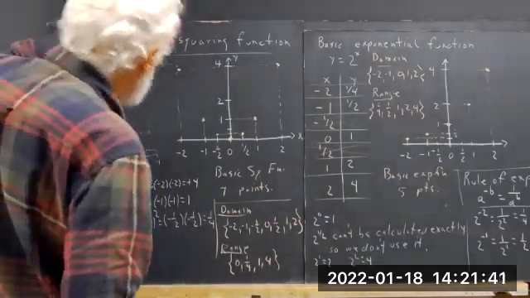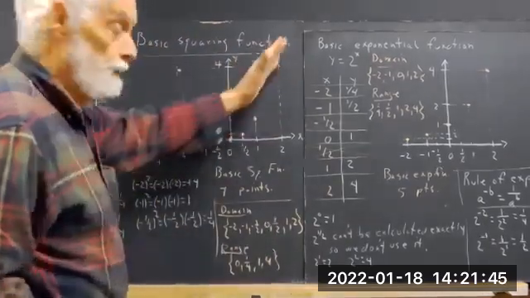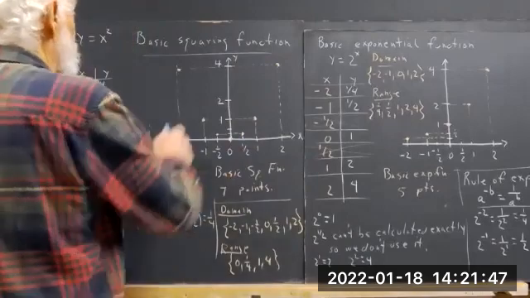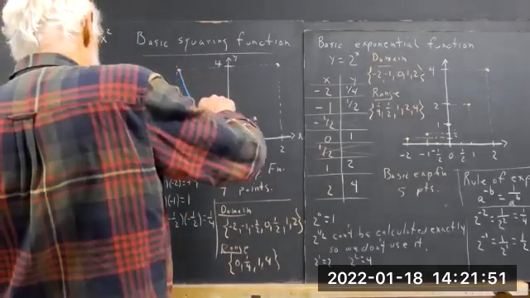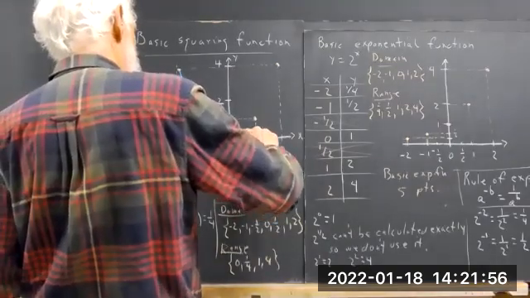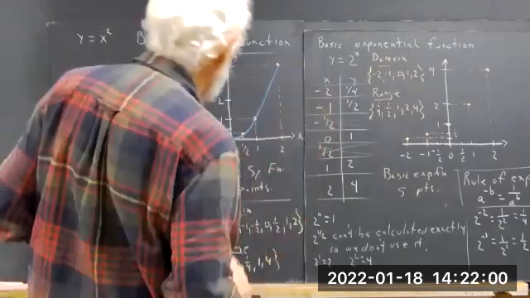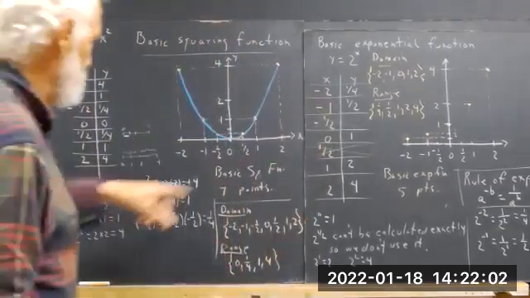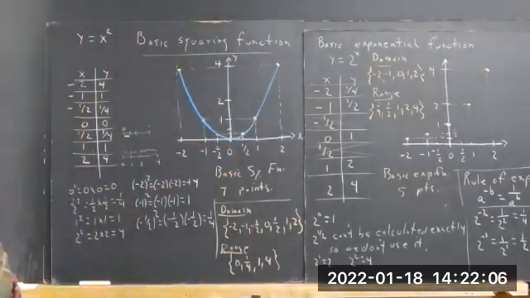So we're going to extend the basic squaring function by drawing a smooth curve from this point down through this point and this one and back up here. I didn't quite get it right. It almost looks like the low point is there, but the low point is at the origin, obviously.